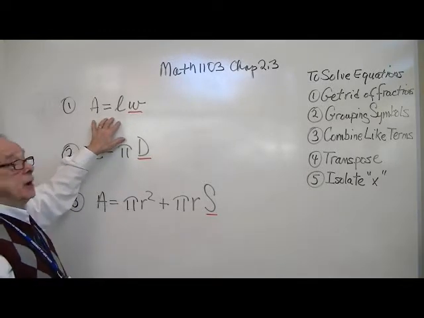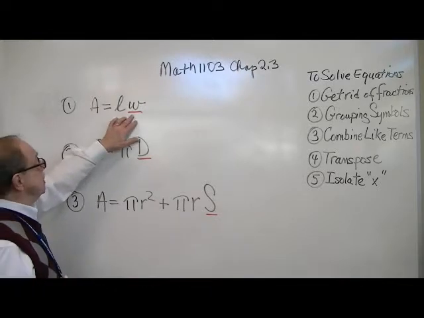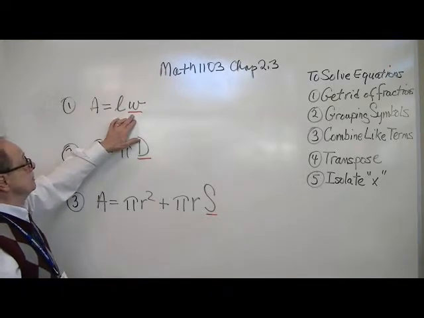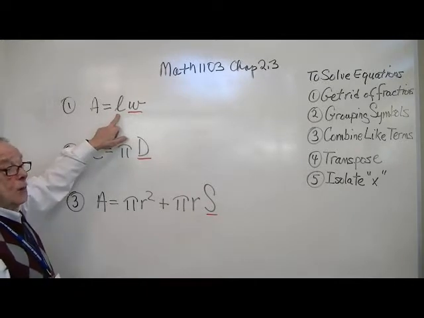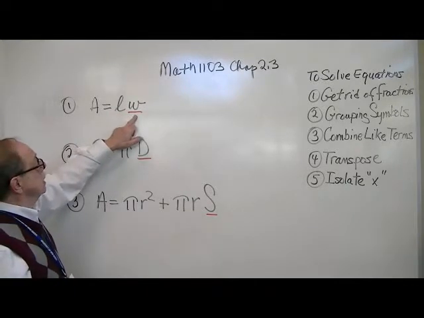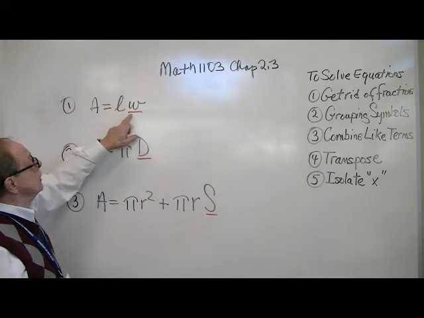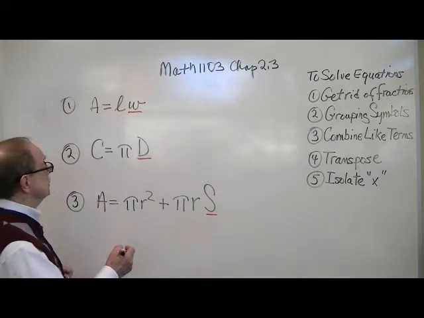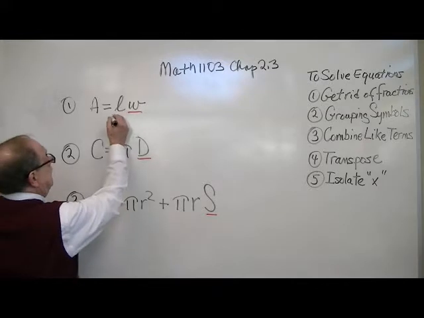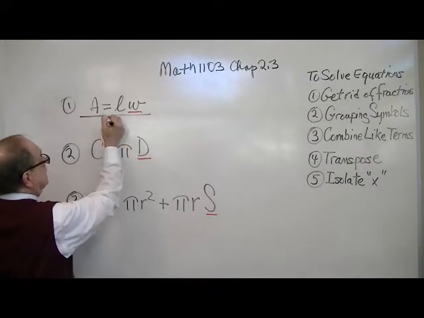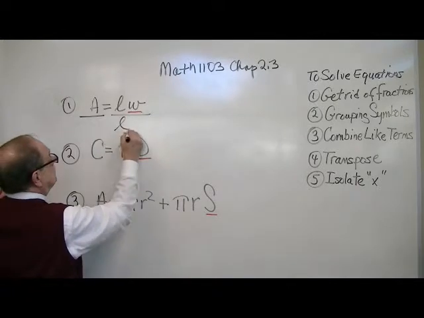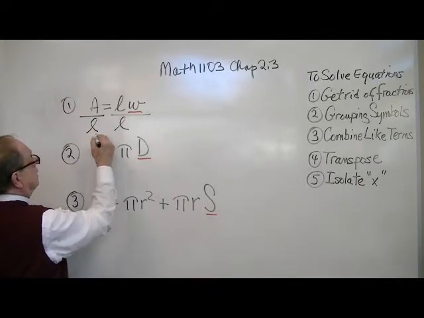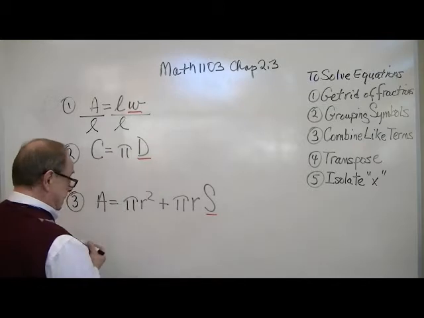This is the formula for area, in which we want to solve for the letter W. In a sense, the L is the coefficient of W, the term that is with the W. So we're going to get rid of it by dividing both sides by the letter L. Remember, we need to keep our balance.